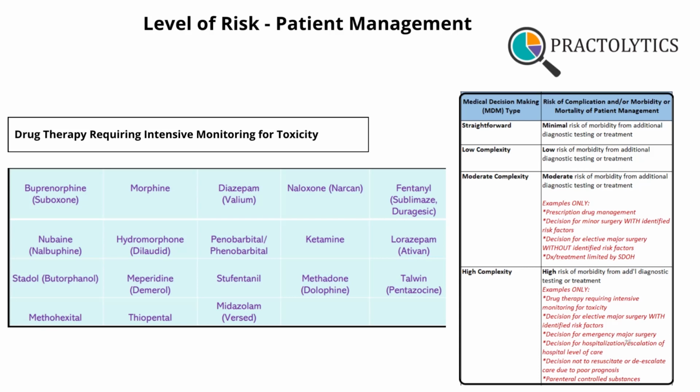Examples may include monitoring for cytopenia in the use of an antineoplastic agent between dose cycles, or short-term intensive monitoring of electrolytes and renal function in a patient who is undergoing diuresis.